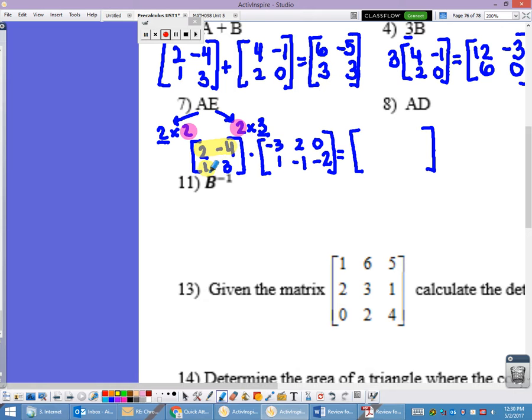So I'm multiplying rows times columns. That's just what I like to do to get the problem set up for multiplication. So I'm going to do 2 times negative 3, which is negative 6, and then negative 4 times 1, which is negative 4. Negative 6 plus negative 4 is negative 10.